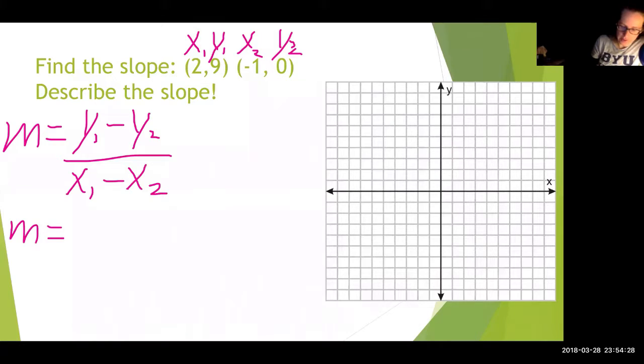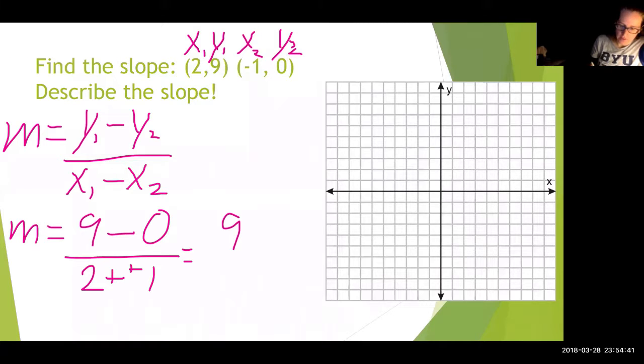So our y1 is 9 minus y2 is 0. x1 is 2 minus a negative 1. 9 minus 0 is 9. 2 minus a negative 1 is the same thing as plus. So that's a 3. So our slope ends up being 3.